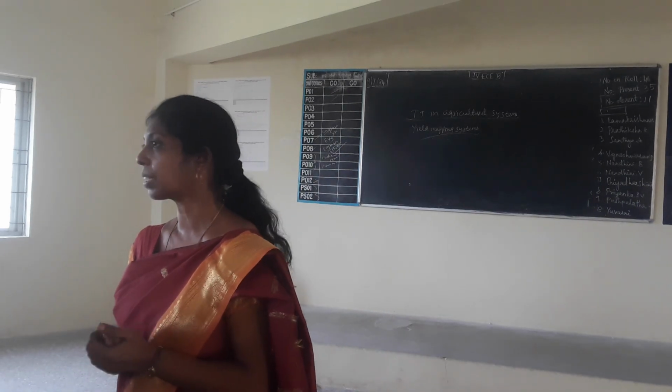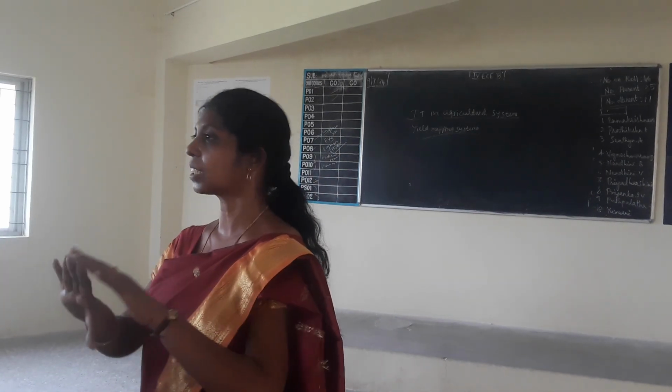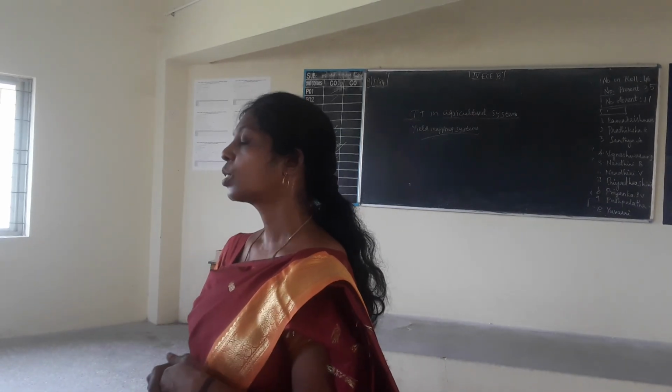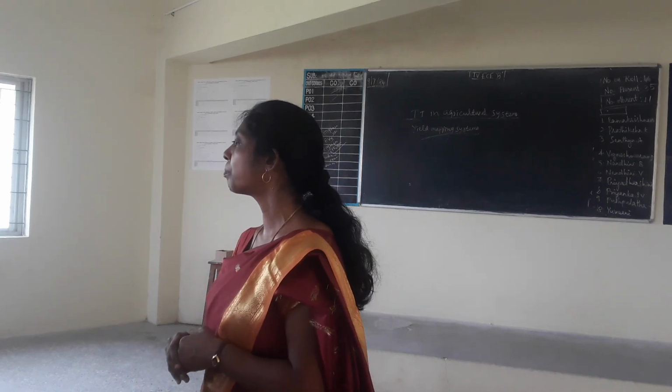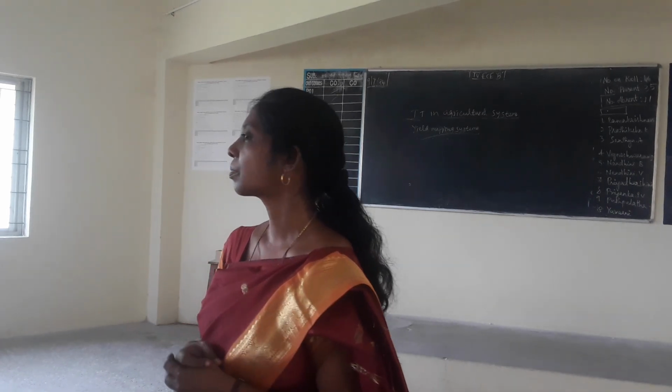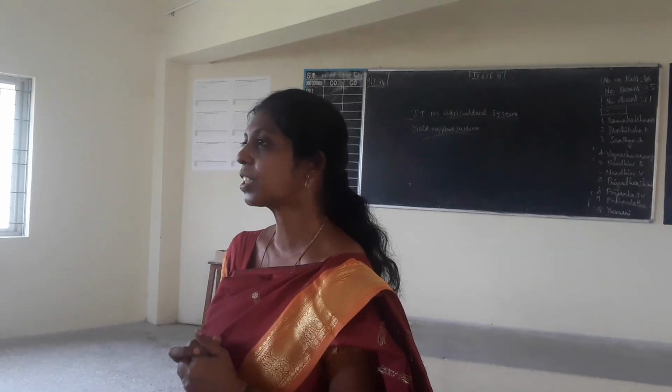We are doing a comparison chart of how much production was done in the previous and the current. So why is it difficult for vegetables and fruits? Can anyone say?